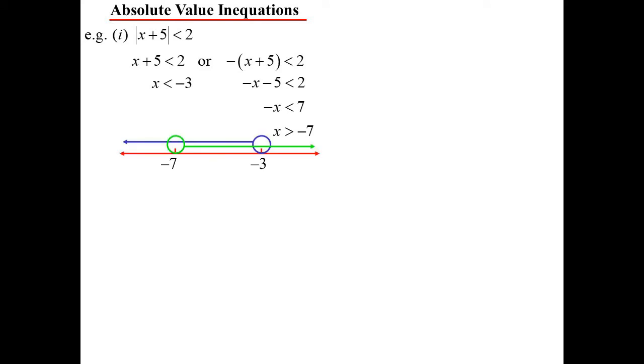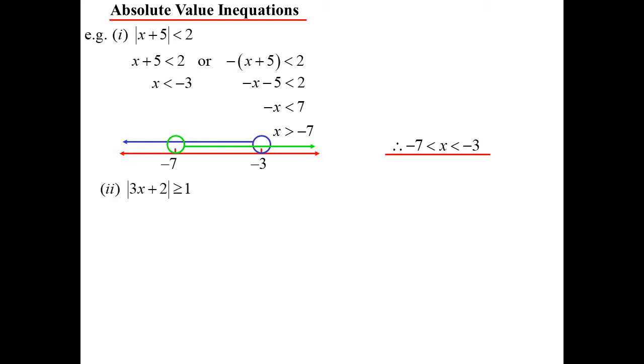So their inequality sign gets mucked up. Doing it via the definition, you don't muck up your inequality sign. So the left-hand one, x is less than -3. The right-hand one gives me x is greater than -7. Both have to be true, so therefore I must be in between -7 and -3.